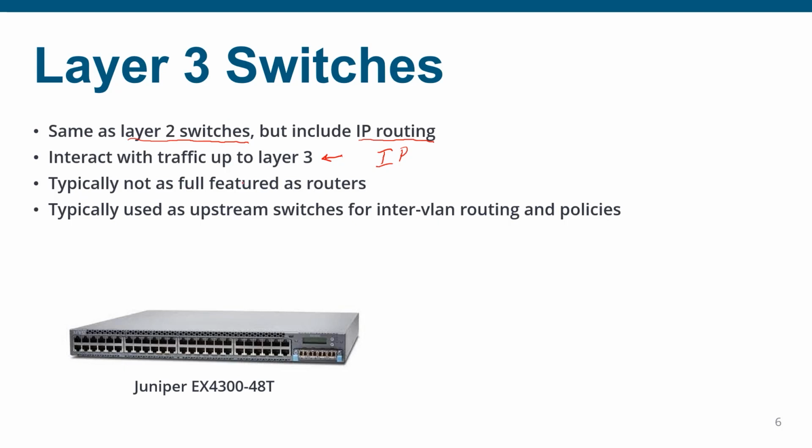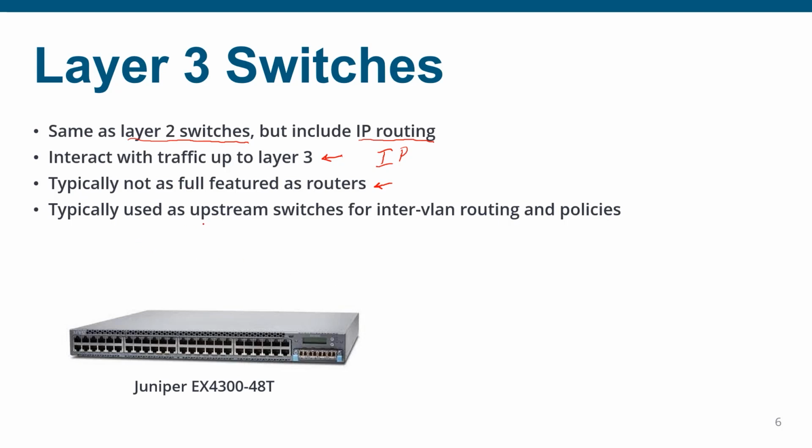However, layer 3 switches are typically not as full-featured as routers. They generally are more geared towards very fast switching of traffic between ports and forwarding of information, as opposed to more CPU or memory intensive tasks such as filtering or NATing or acting as an application layer gateway of some sort.